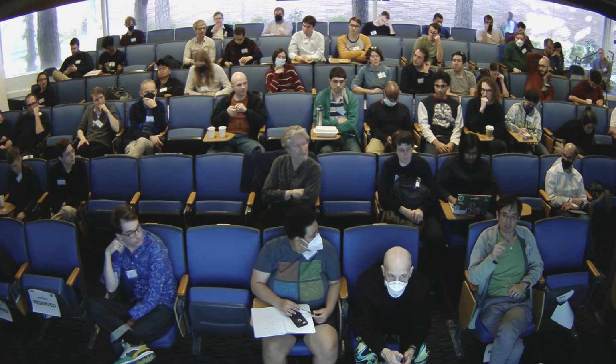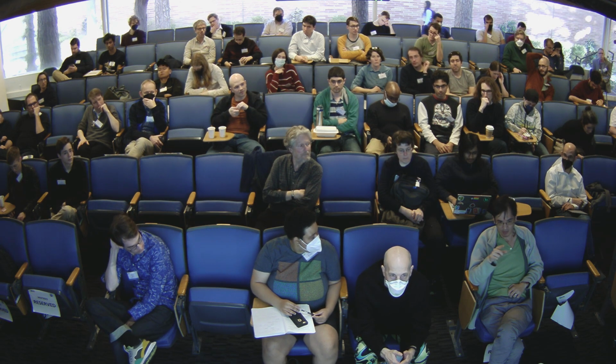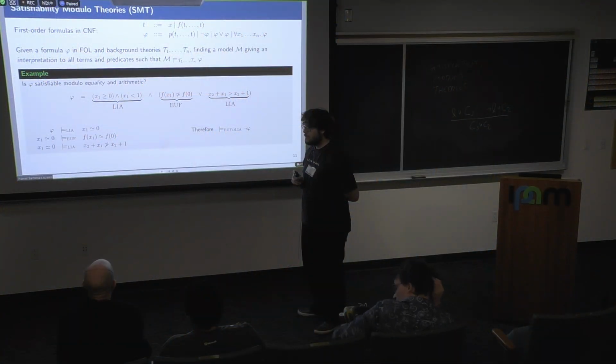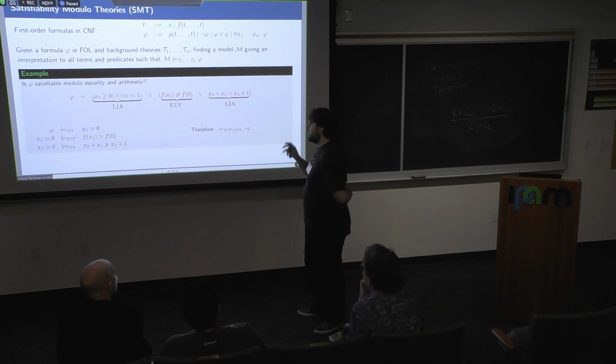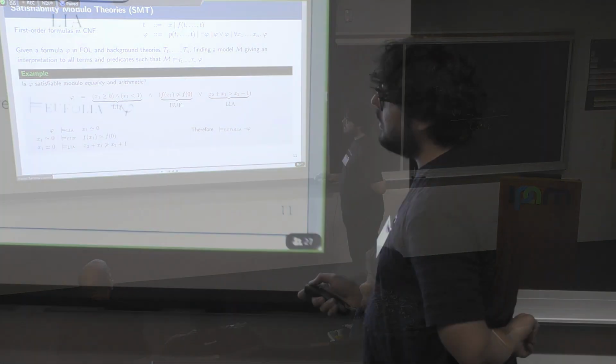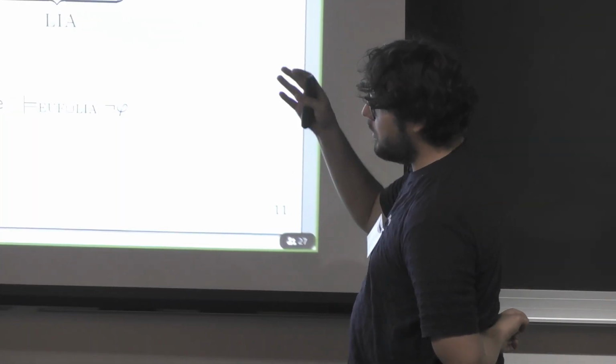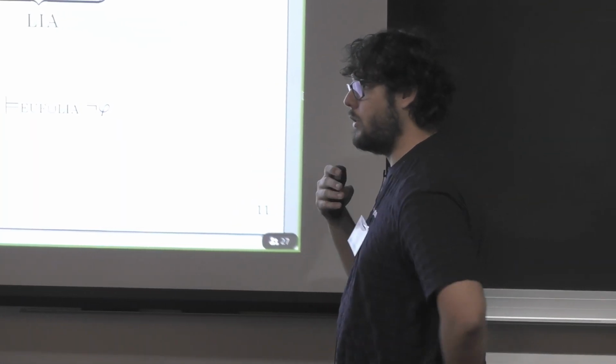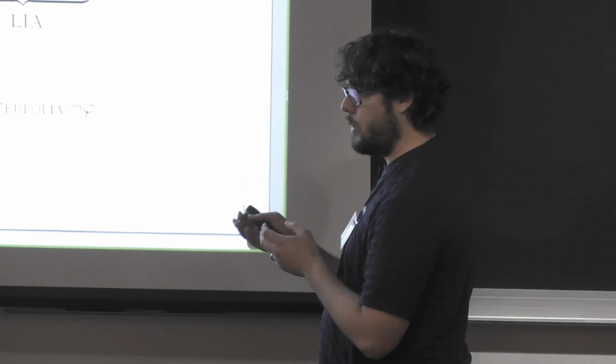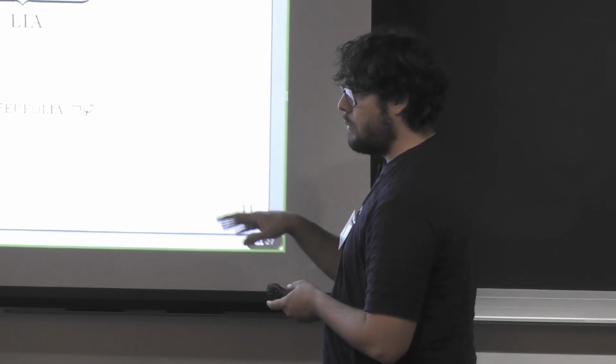Would you expect these solvers to be complete in any way? That varies per theory. For example, in this example we have no quantifiers. Generally, when the problems have no quantifiers, the theory solvers are decidable, but that varies.